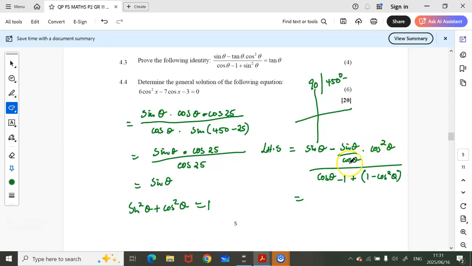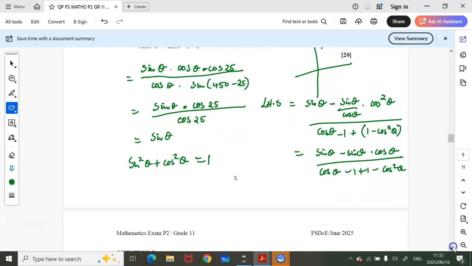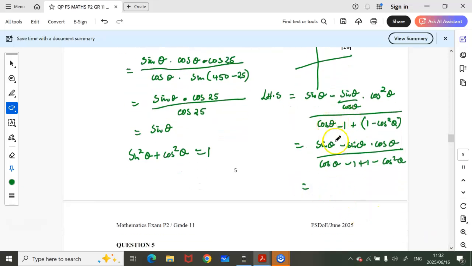Now this cos will take one cos here, so we are going to be left with sine theta minus sine theta times just one cos, and then here we are going to have cos theta minus 1 plus 1 minus cos squared theta, and then we take out a common factor here, which is sine theta. We are left with 1 minus cos theta.